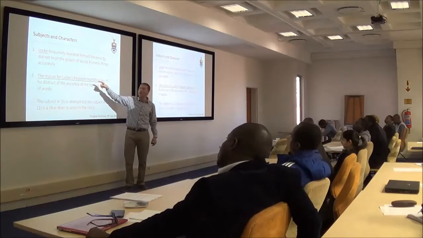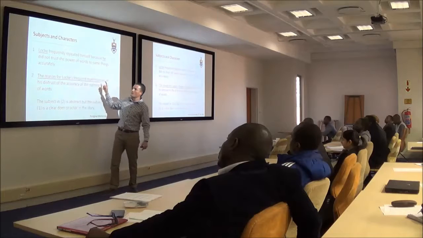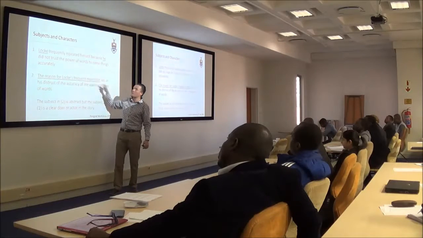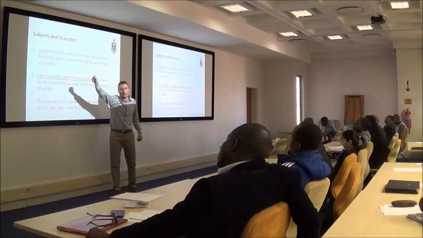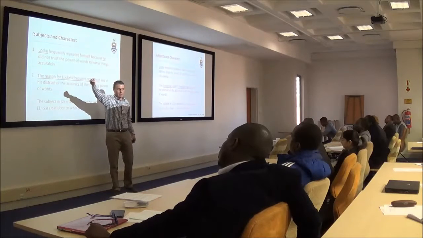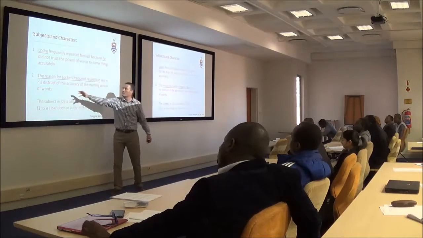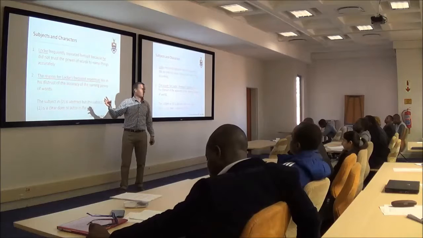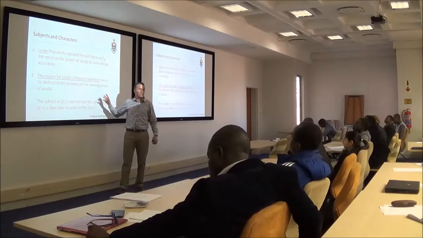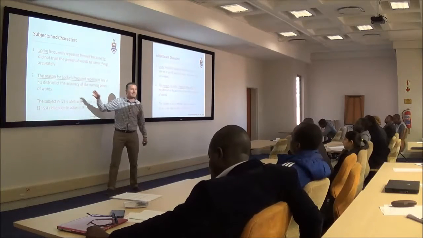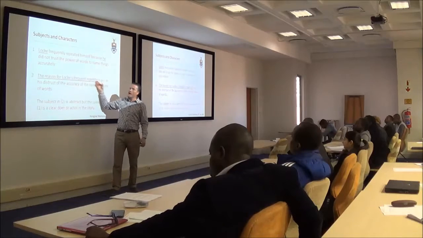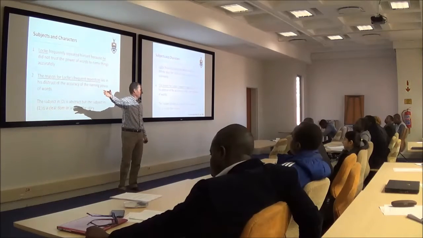The subject, which is now these 6-7 words, the reason for his frequent repetition, that's the thing that we're talking about now, lies in his distrust of the accuracy of the naming of words. Okay, fine, that's fine. But to get into the sentence, we've had to get through a complex subject.